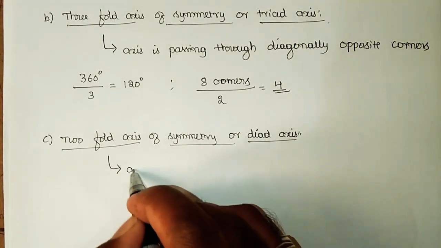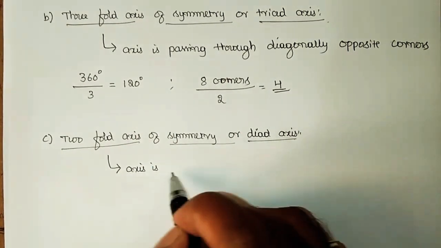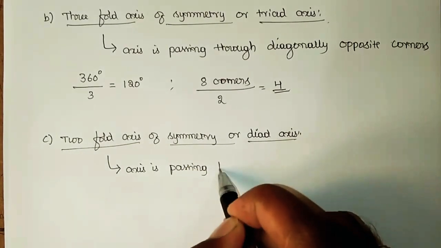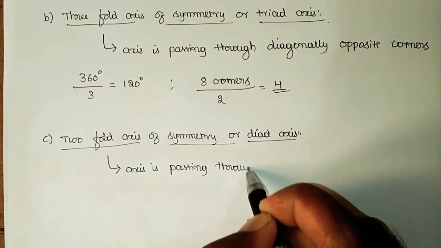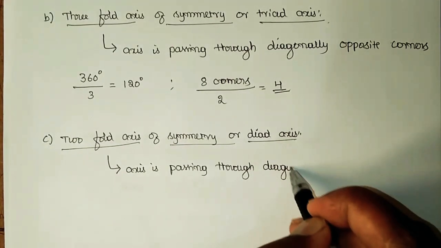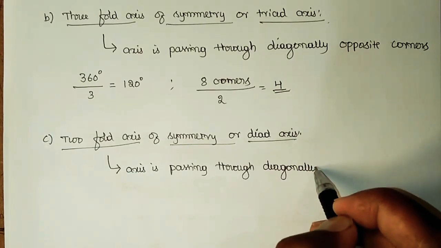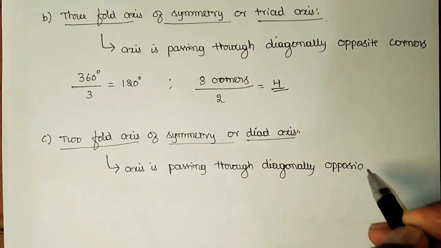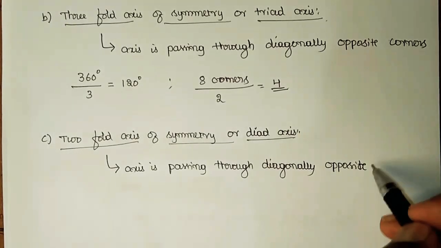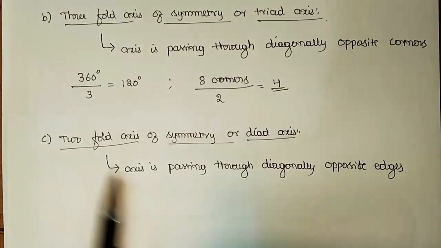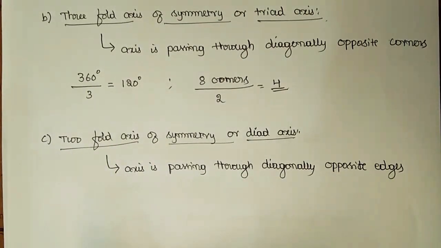If the axis is passing through diagonally opposite edges, then that gives a twofold axis.